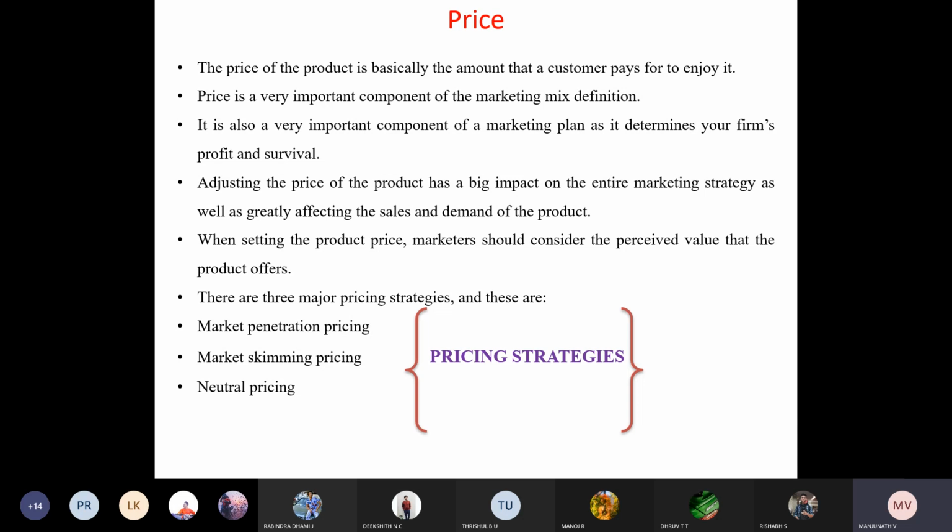Okay, that's what I mean to say. When setting the product prices, the marketer should consider the perceived value and that of the offers. Okay, frame the sentence rightly. There is nothing like sorry, that's fine. If you want to say something, put the sentence in the right format, then we'll have the discussion.